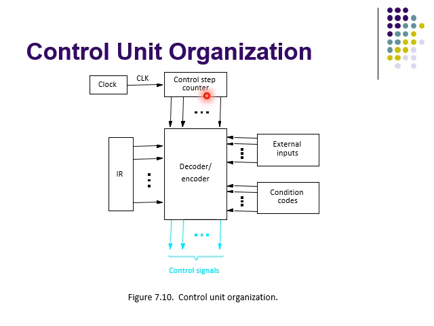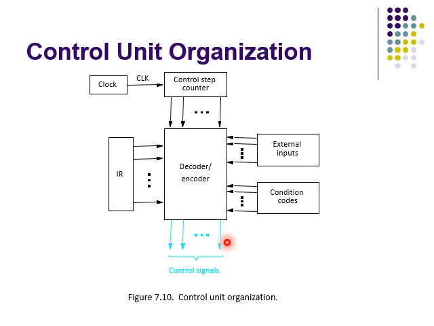The required control signals are determined by the following information: the content of the control step counter, the content of the instruction register, the content of the condition code flags, and external input signals such as MFC and interrupt request.